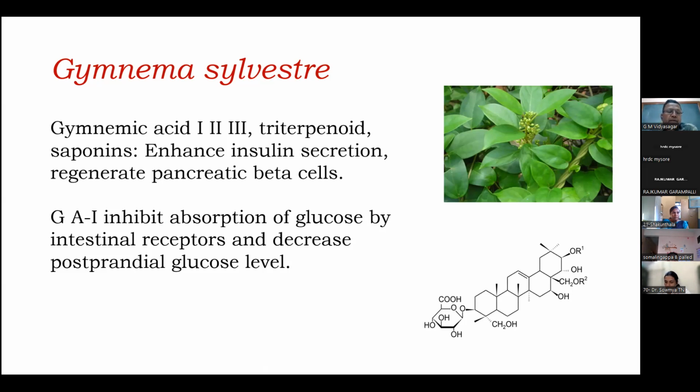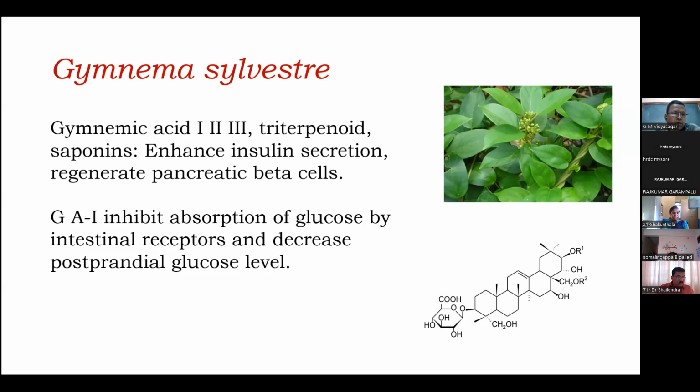Along with the diabetic conditions, they also protect the cells from damage, and also they reduce the damages in the liver. That means hepatoprotective properties are seen in these compounds.